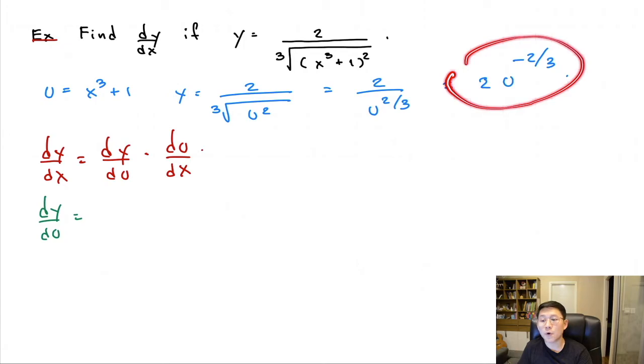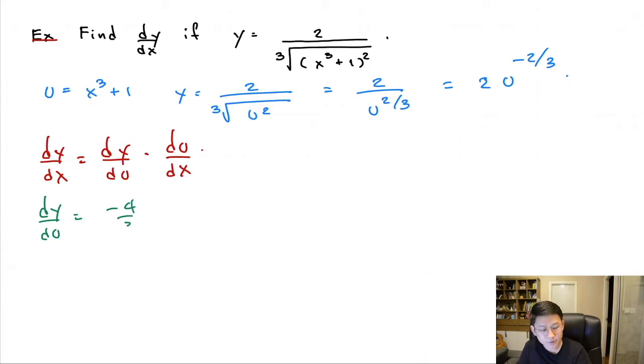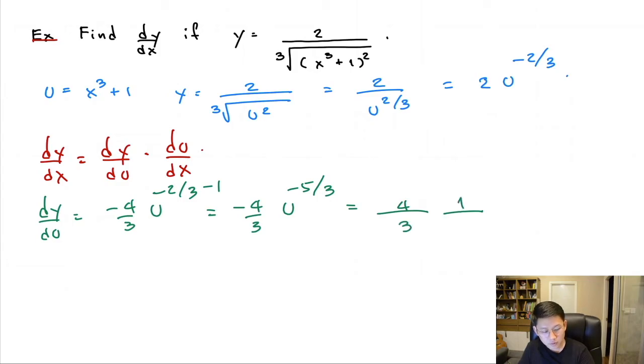It will be minus 4 divided by 3 times u to the power of minus 1, and that will be minus 4 divided by 3 u to the power of minus 5 divided by 3. Okay, and that is actually 4 divided by 3, 1 over u to the power of 5, and then you take the cubic root. Okay, I push it back down.